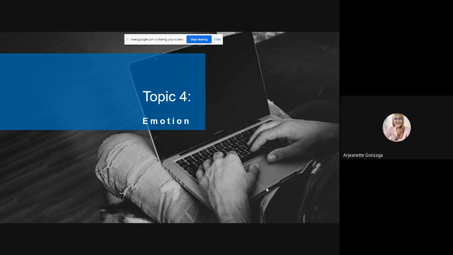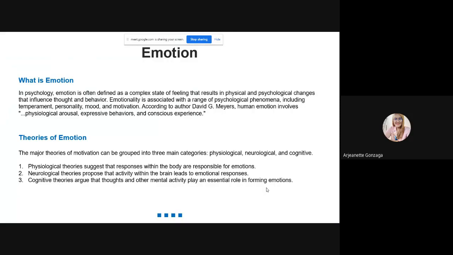So, lastly, the topic 4, the emotion. So, what is emotion? So, emotions exert an incredibly powerful force on human behavior. So, minsan, emotion affects yung buong pagkatao natin. So, lalo na for the girls, di ba? Emotional tayo eh.